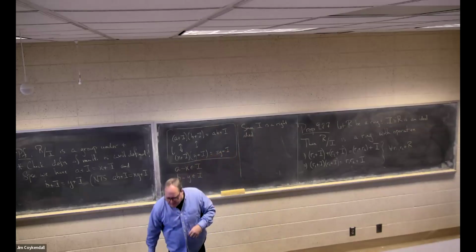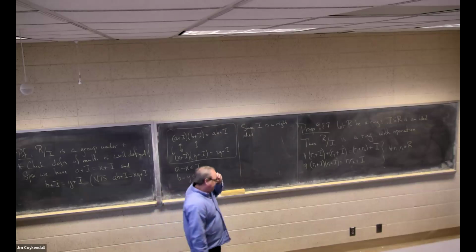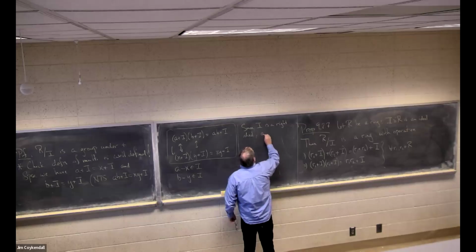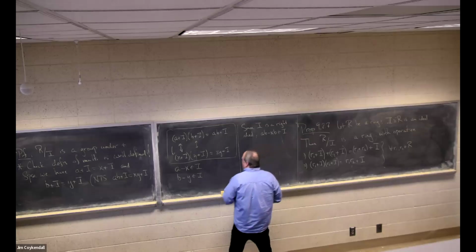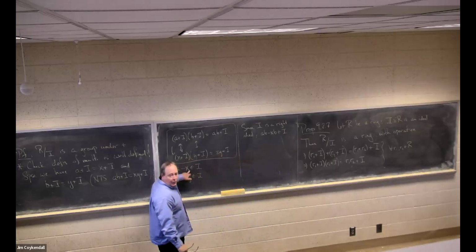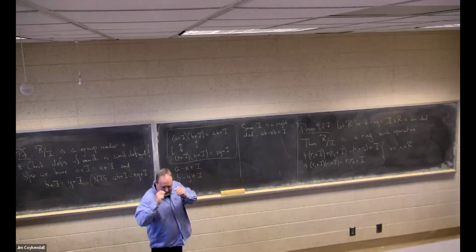We have that AB minus XB is in I, because what I've done is I've multiplied this thing on the right by B. Agree? I get AB minus XB is in I. No problem. Agree with that?